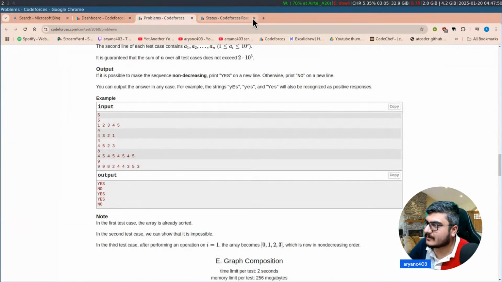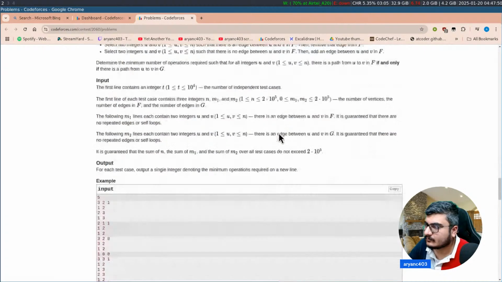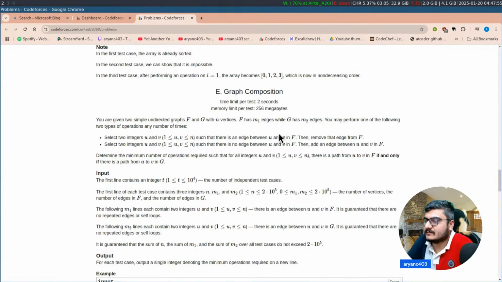Okay, let's move to problem E then. Graph composition. You are given two simple undirected graphs F and G with n vertices. F has m1 edges and G has m2 edges. You can perform one of the following two types of operations any number of times.